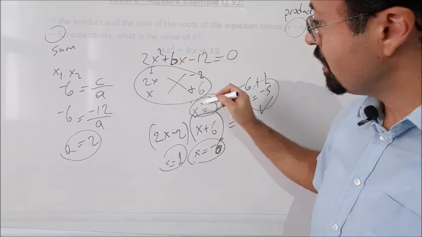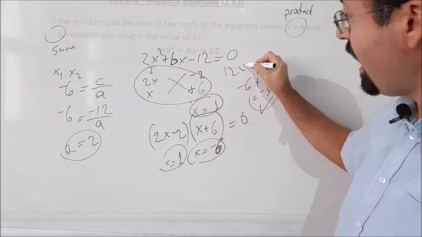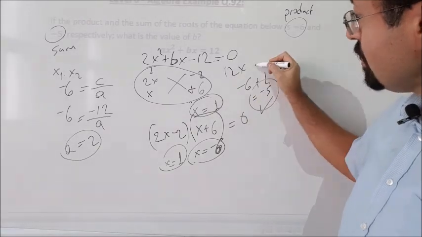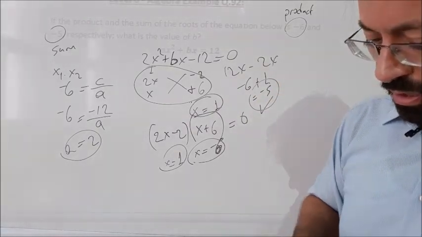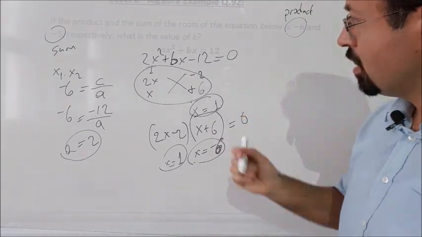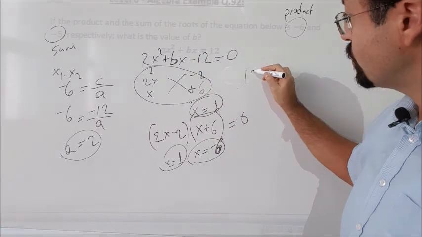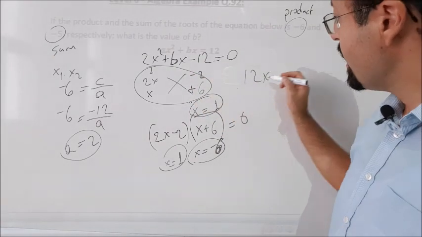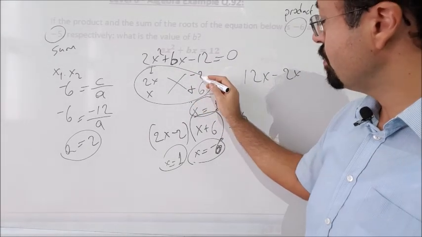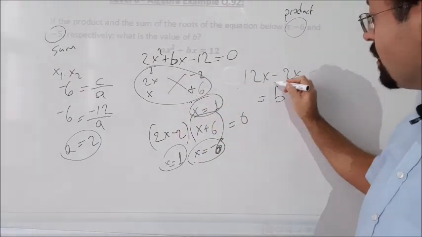If we do the cross multiplication, we have 2x times 6 is 12x, minus 2x. Let me just do it over here again. Do the cross multiplication. 2x times 6 is 12x, minus 2 times x, which is our b value, guys.